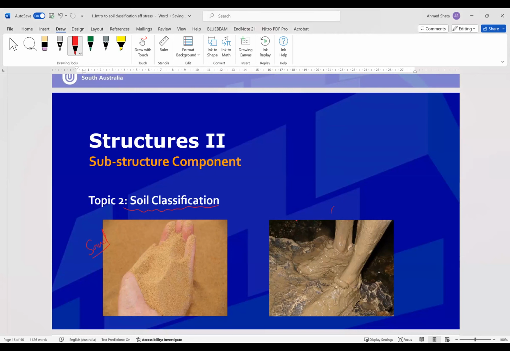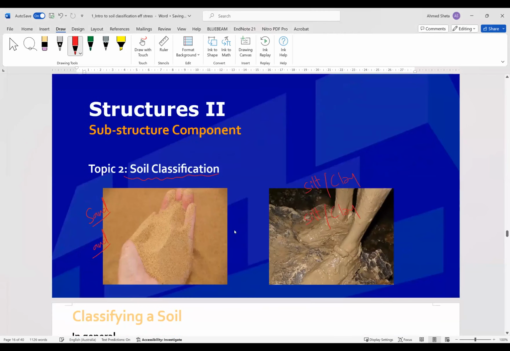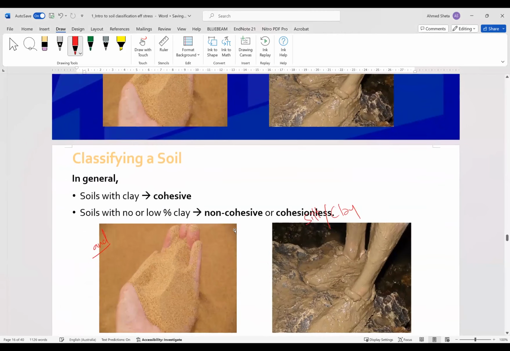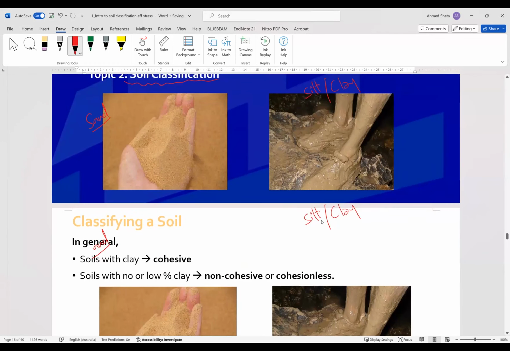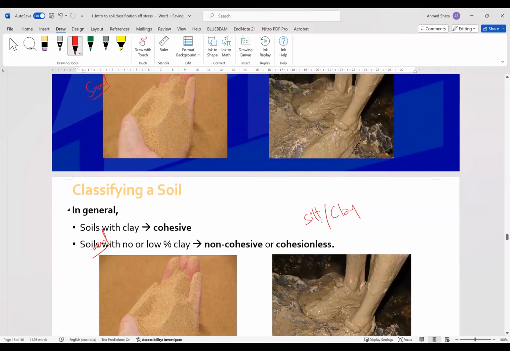To the right is clay or silt. We need to know how to classify soil because this will help us in the soil investigation. So the second topic today is classifying soil, or soil classification.